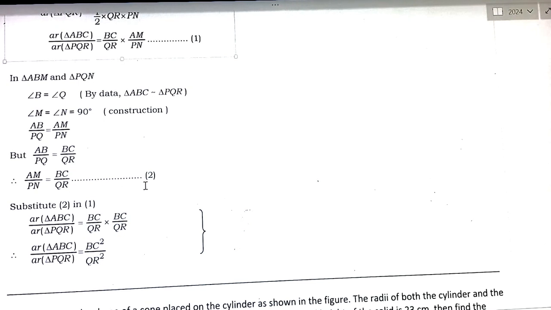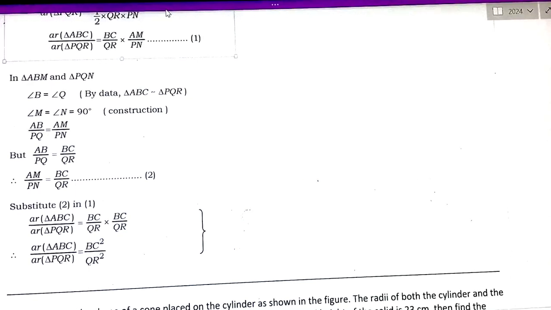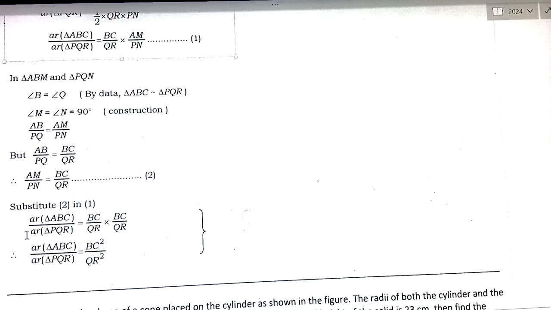Name this as the second equation. Now substitute the second equation in the first equation. So area of triangle ABC by area of triangle PQR is equal to BC by QR into AM by PN. Instead of AM by PN, we write the value BC by QR. So it will be BC square divided by QR square. Hence the proof.